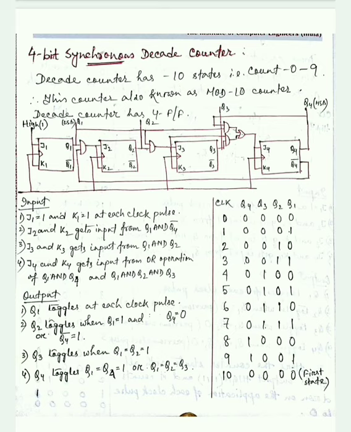But in the decade counter, J2 gets its input from the AND operation of the previous flip-flop output Q1 and the complement of the last flip-flop, Q4.